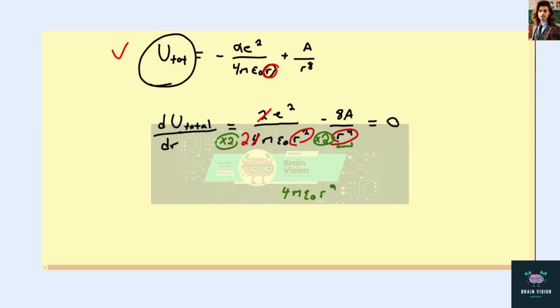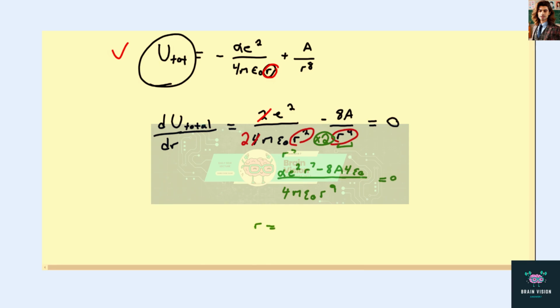Here we need this, so we're just going to multiply by r to the 7th, so it's just adding exponents. So we have r to the 9th over alpha e squared r to the 7th minus 8a times 4 pi epsilon naught. Okay, and this is going to equal 0. And you're just going to solve for r.